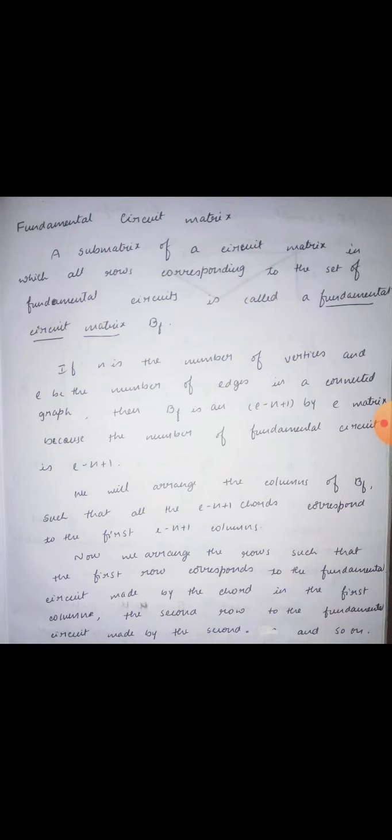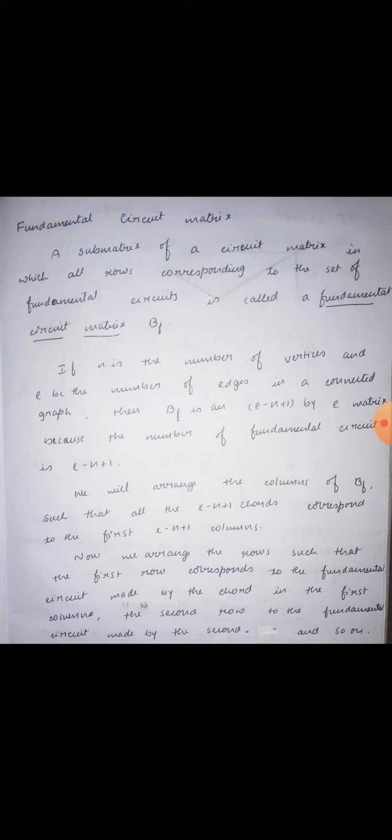What is the incidence matrix? In the incidence matrix, the entry Aij is 1 if the jth edge is incident on the ith vertex. Each row is represented by a vertex of the graph and columns are represented by edges of the graph.